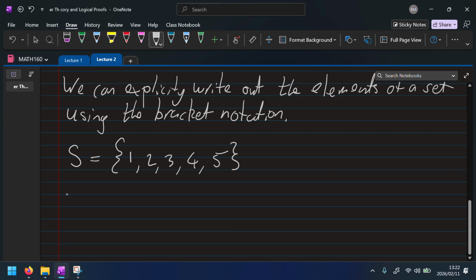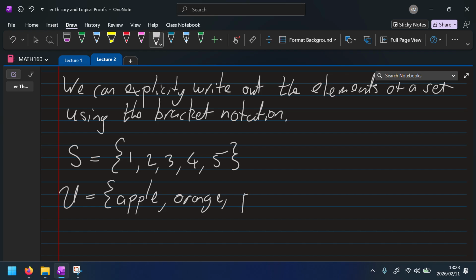Or we can have another set, let's say U, again, open brace, let's say apple, orange, pear, close brace. Okay, so these are two different sets. In the first set, it has the elements 1, 2, 3, 4, 5.